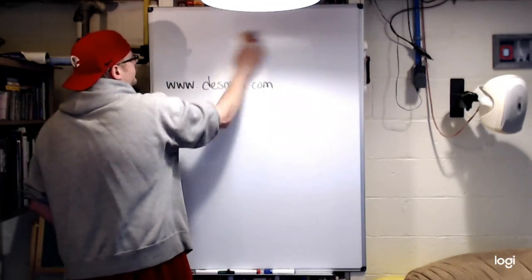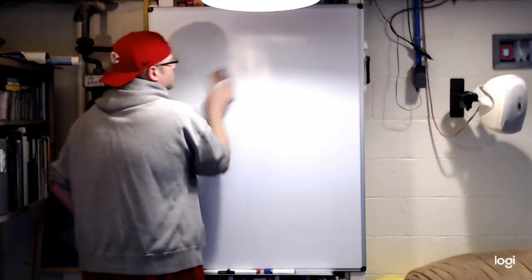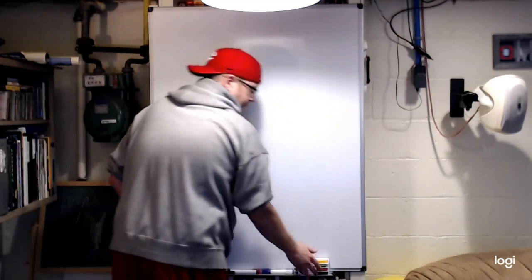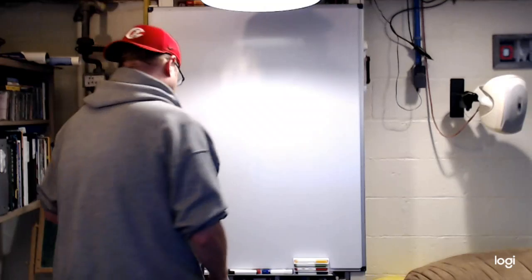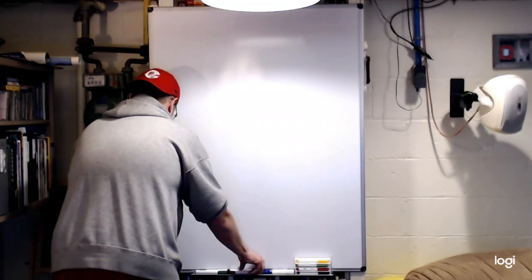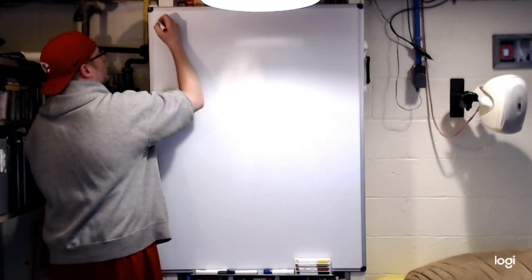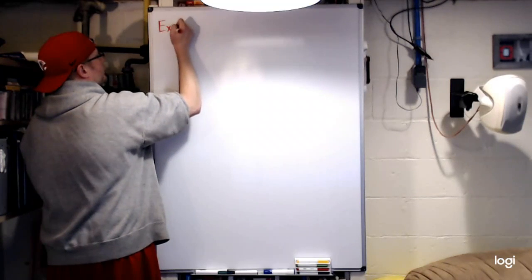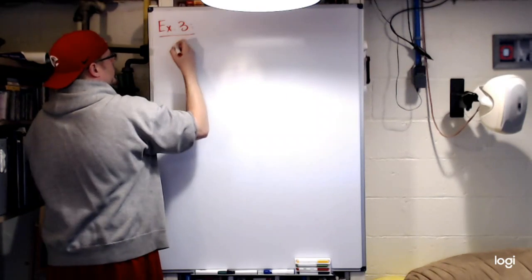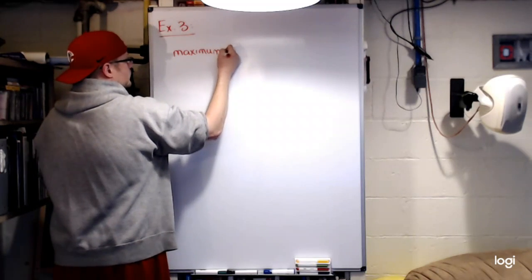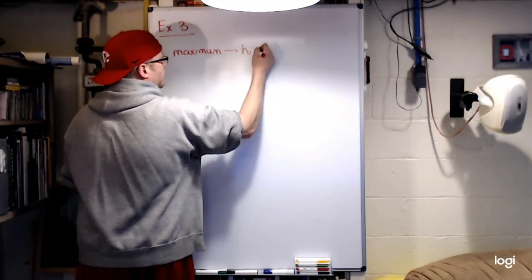So your maximum and your minimum is basically your vertex, because that's either the highest or the lowest point, right? When we hear that term, maximum, so let's talk about this real quick. I'll put example 3 up here. But when we hear maximum, that's your highest point.